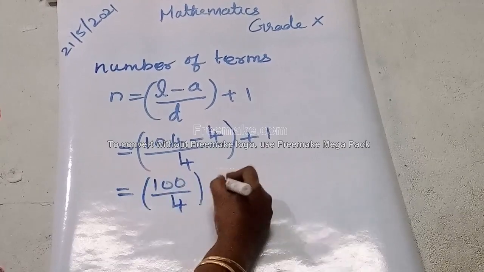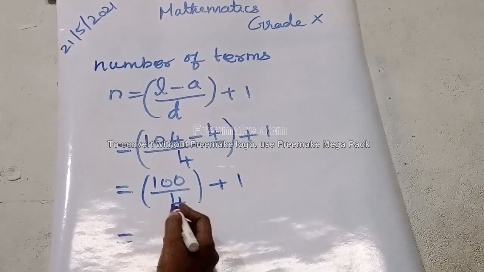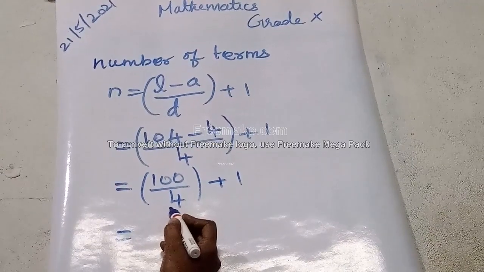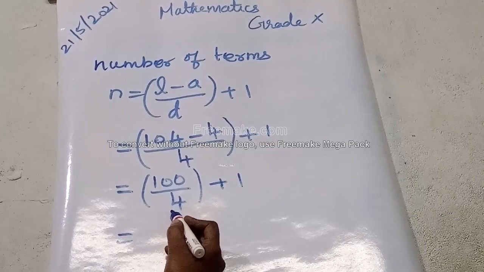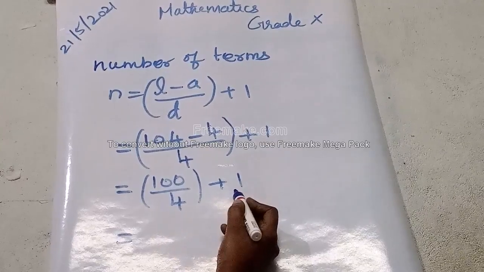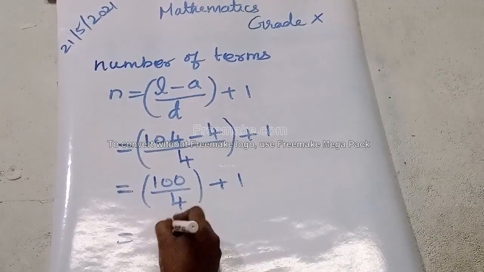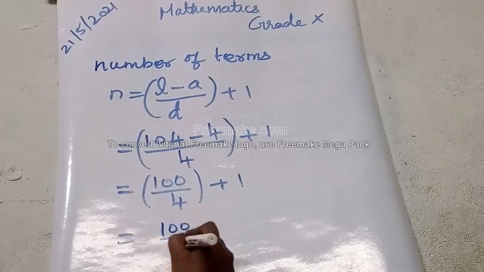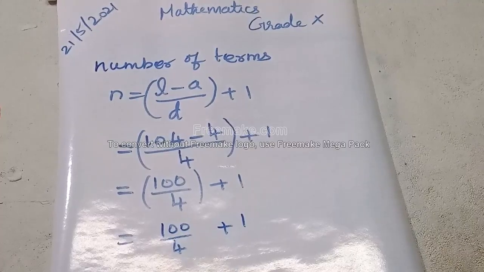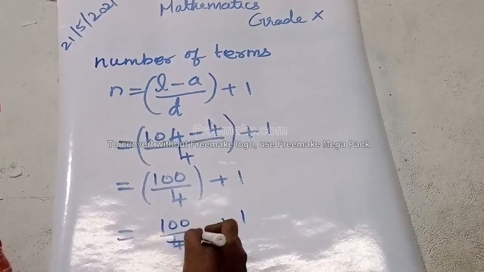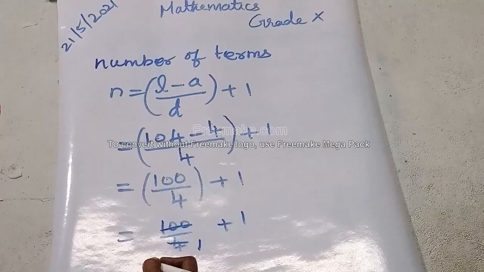4. Close the bracket plus 1, which is equal to, first of all, we have to give preference to this bracket only. So first we should divide this 100 by 4. After that only we have to add this one. Let us divide 100 by 4, plus 1. Right here, directly shall we divide? 1 4 is 4.